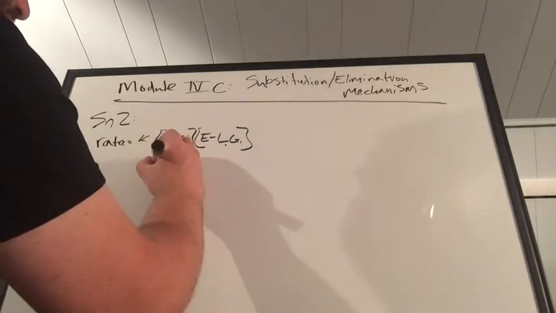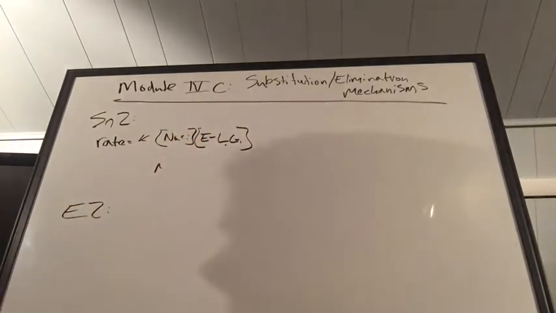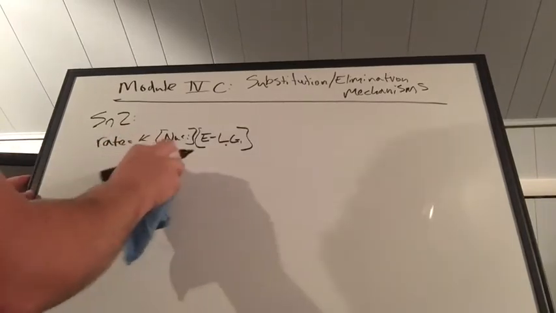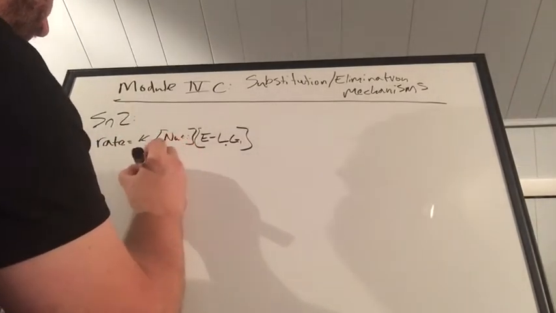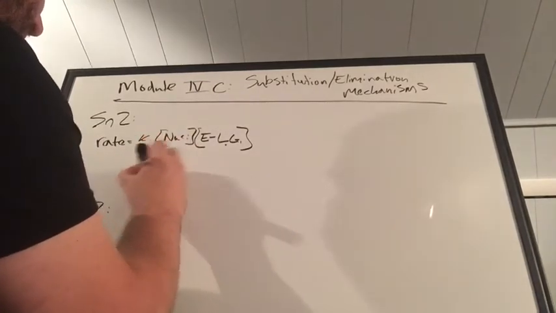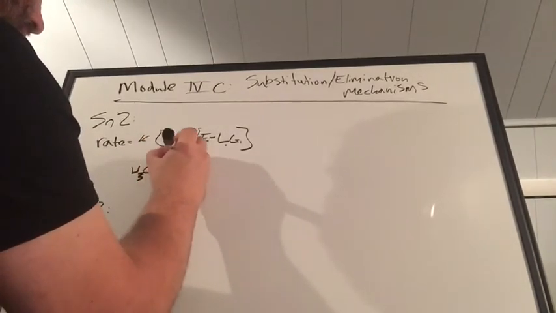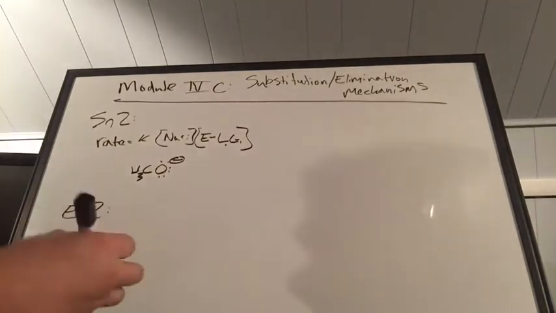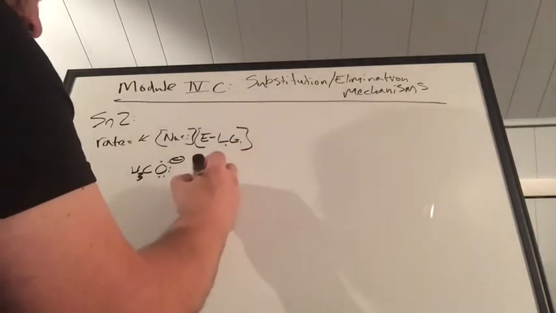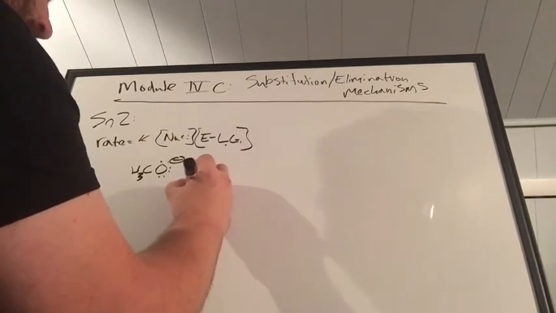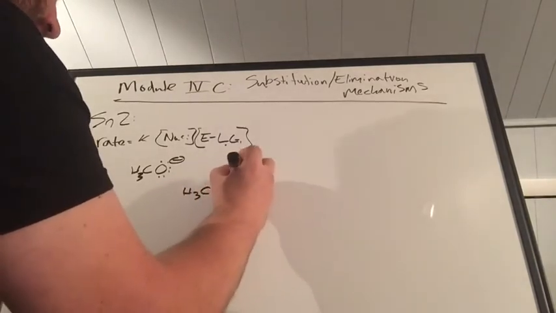You're gonna have a nuke, and I'll actually say OCH3, so methoxy group. And I'm gonna have that as my nucleophile, and then I'm going to have, let's say, this is my substrate.